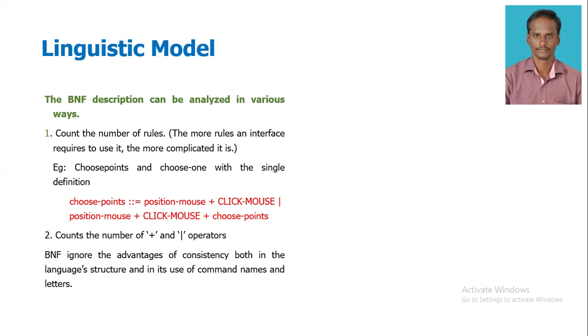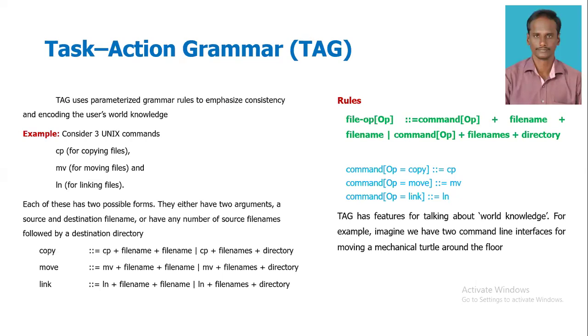The next one is to count the number of plus and or operators. BNF ignores the advantages of consistency, both in the language structure and in its use of command names and letters. The next one is task action grammar, that is TAG.